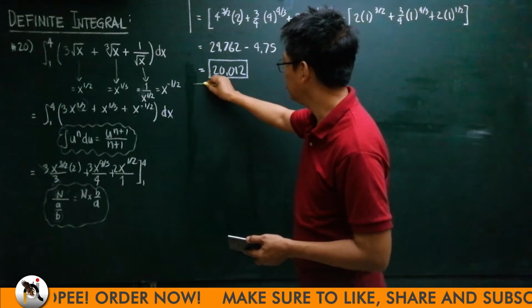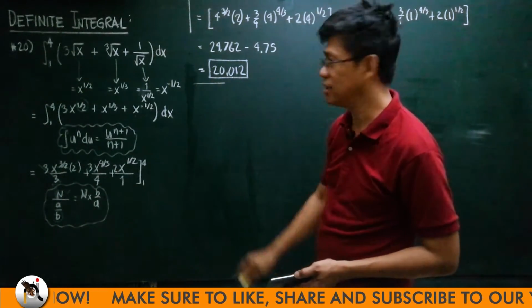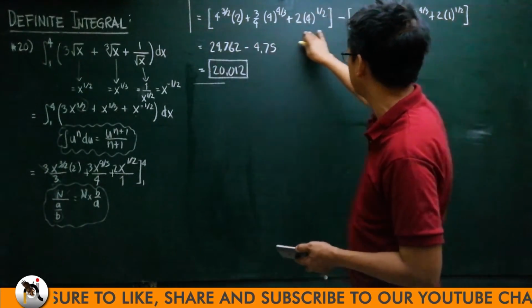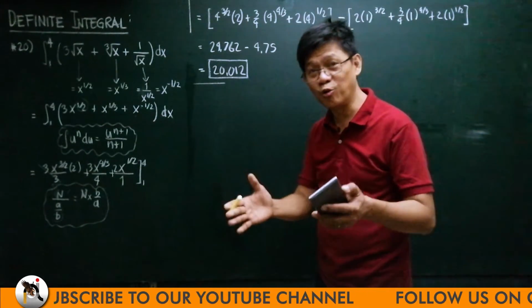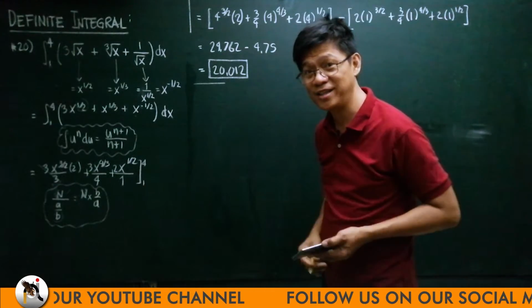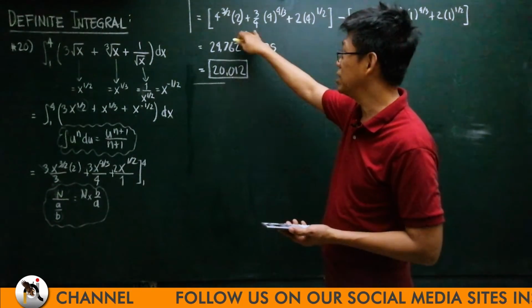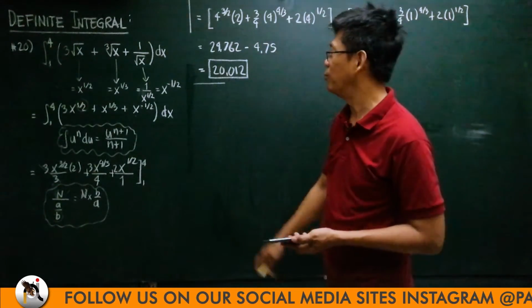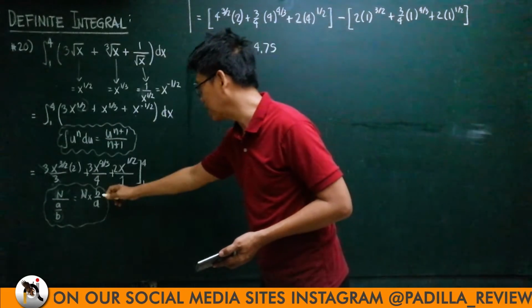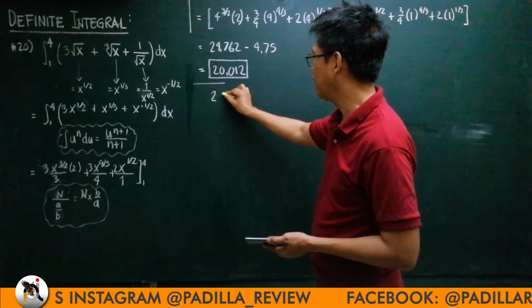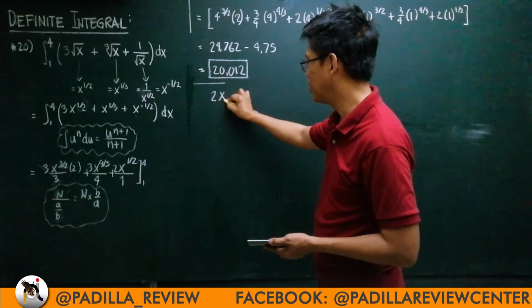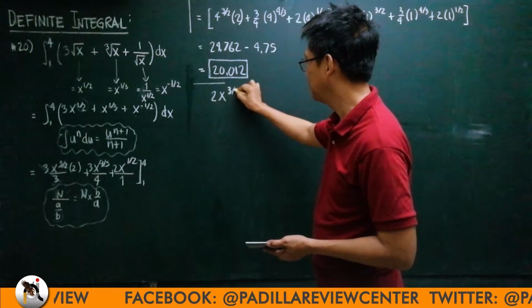So if you will use the calc function instead of entering this entire thing in your calculator, which is doing the job twice, we can reduce this to 50% effort. How? Input this expression in your calculator. So you have here 2 alpha x to the 3 halves.